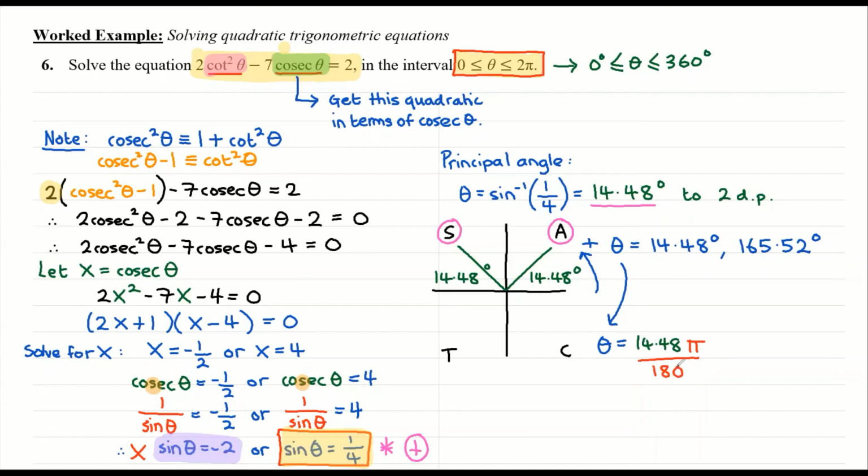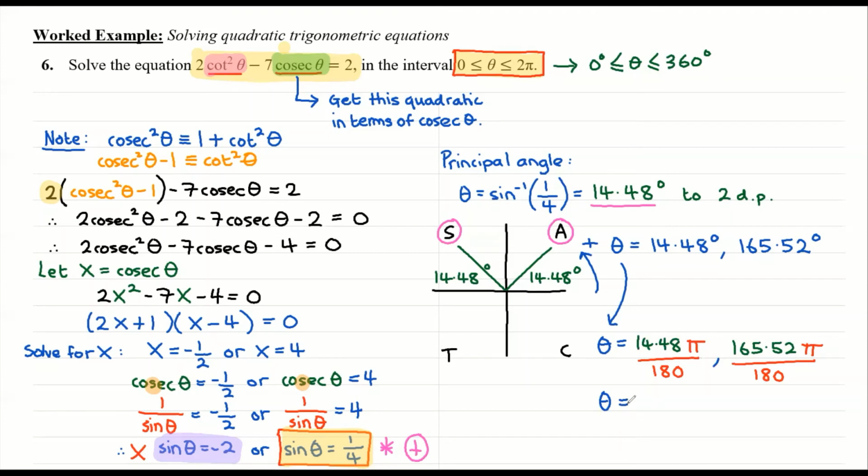And then the second angle would be 165.52. So they're not going to be nice answers. Multiplied by pi over 180. So just convert those into radians and we're finished, and we'll give our answers to 3 sig figs.